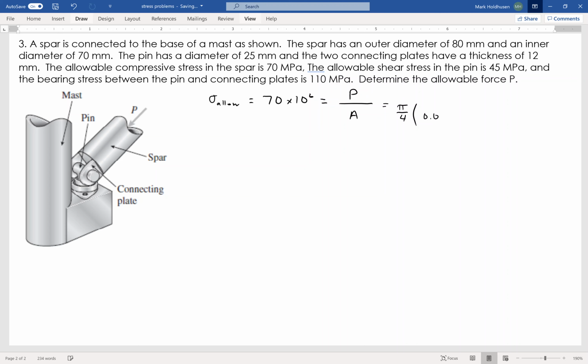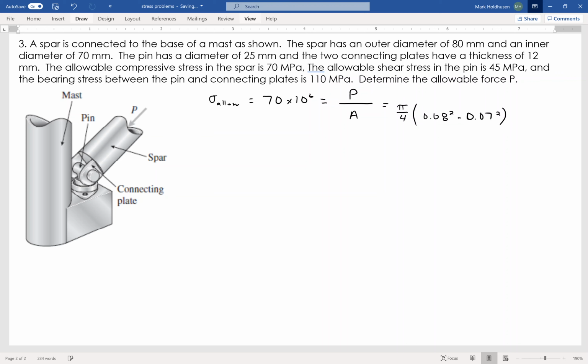I always do everything in kind of the base units. So instead of millimeters, I'm going to use meters. Just like with megapascals, I used pascals. So times 10 to the 6 is where that comes from. So I use meters here.